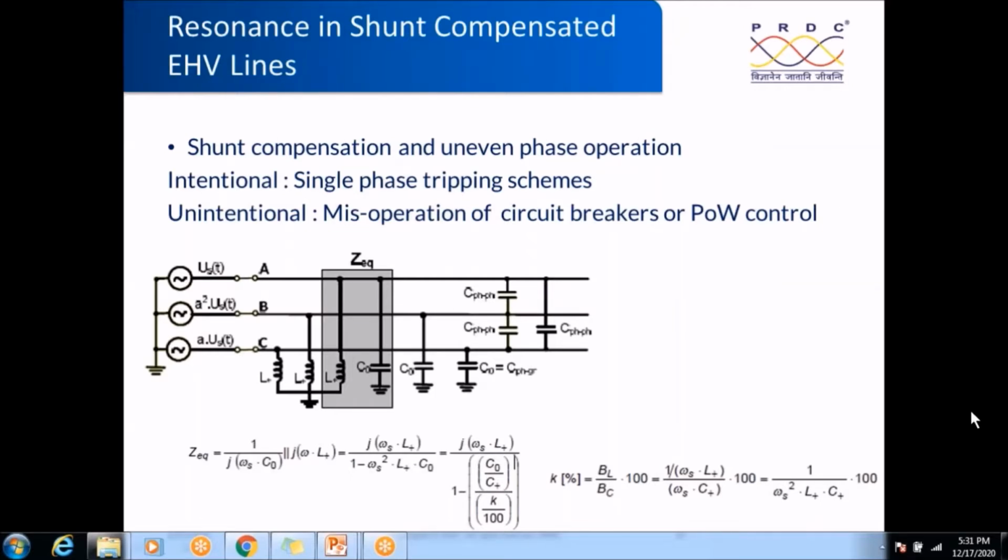That C0 and L positive is a parallel combination, and if you simplify it into this formula on the right hand side, it will have a relationship in terms of C0, the zero sequence capacitance, and C plus, the positive sequence capacitance of the line. The only assumption is that the line is ideally transposed, then we can derive this simple analytic expression.